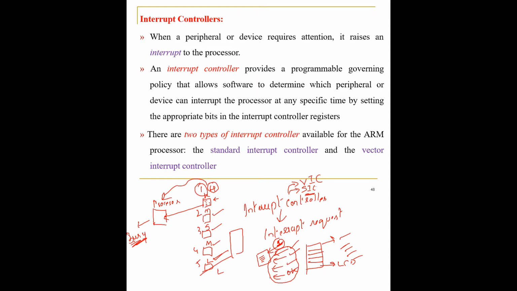This is the vector interrupt controller. The first one is the standard interrupt: based on the request coming to you, you either process the request or deny it. So basically the task of interrupt controllers is to make the processor accept or deny the interrupt requests given by the peripherals.